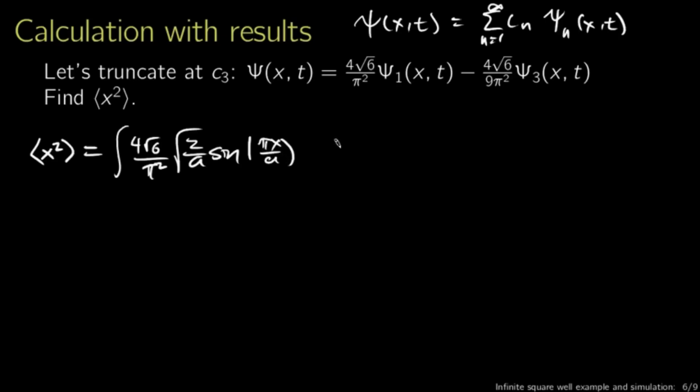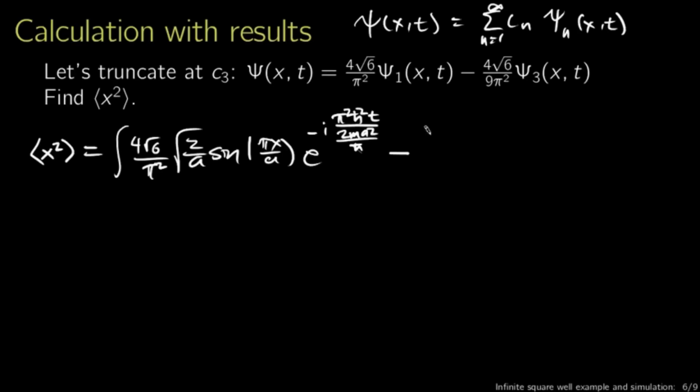We have to include the time dependence now, since I'm looking for the expected value of x squared as a function of time now. And we have e to the minus i times pi squared h bar squared t over 2ma squared, all divided by h bar, or I could just cancel out one of the h bars here. That's our first term in our expression.